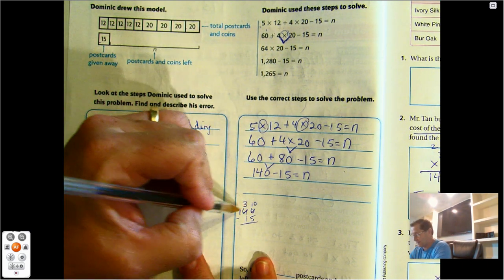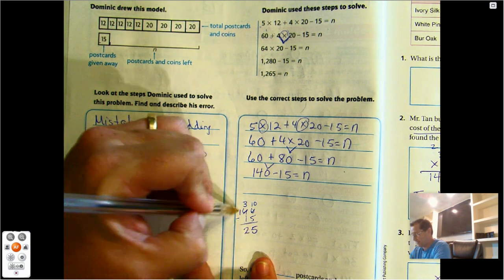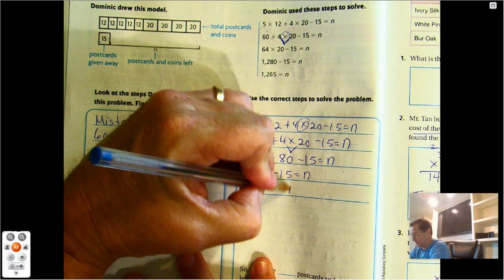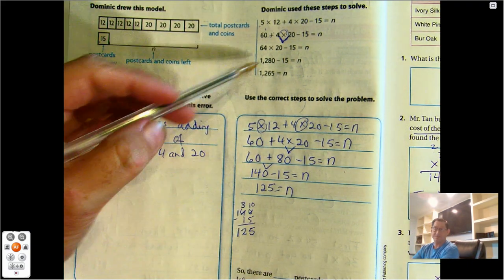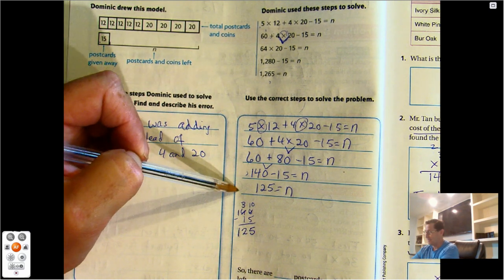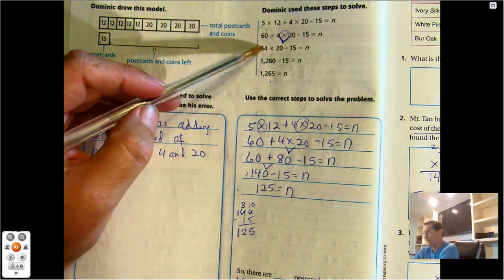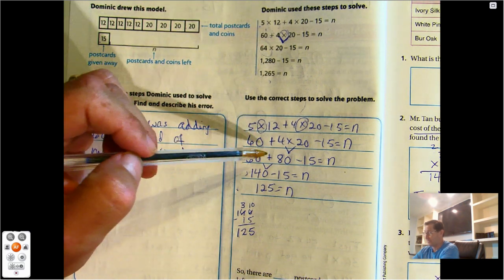So n equals 125. So his answer is significantly different than what he should have gotten. Okay, and so that's because he was multiplying 64 by 20 instead of adding 60 plus 80. Okay, so he has 125 postcards and coins left.